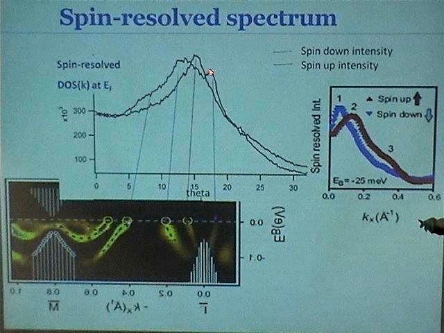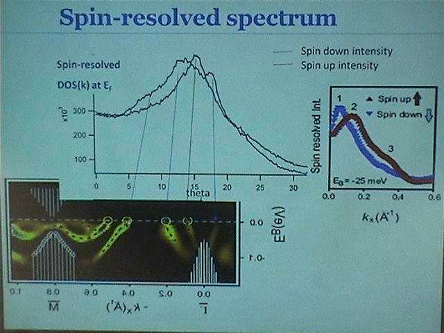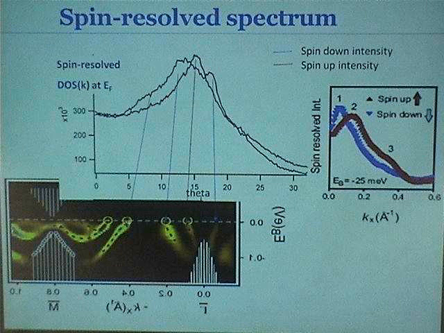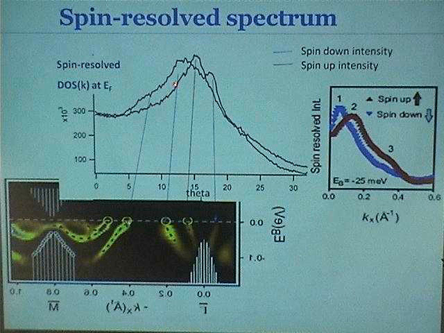And this one ends up in the blue curve, in the down channel in the left detector. So this point and this point are in two different separate detectors. So K plus spin up maps into K minus spin down. This is another proof that despite alloying disorder, time reversal symmetry is there.